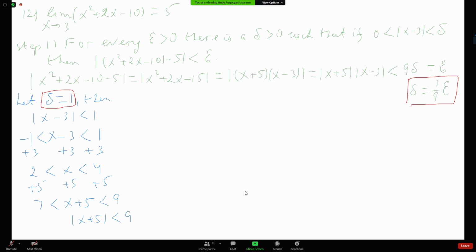Then your delta equals the minimum of those two, 1 and 1 over 9 epsilon. As long as epsilon is given, you can determine which one is smaller, and the smaller one will work. So this is the end of the first step.